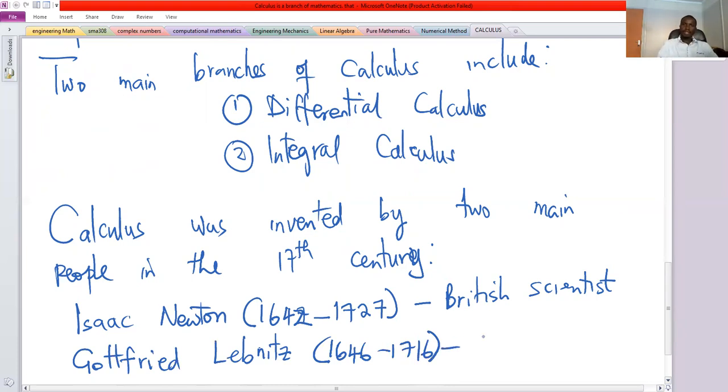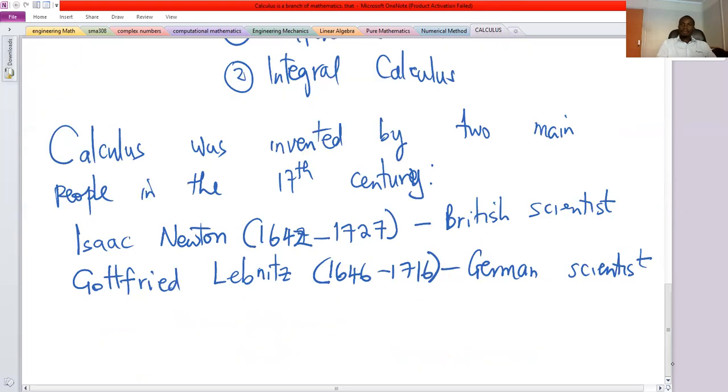This was a German scientist. These two people developed the concept of the subject of calculus around the same time, but independently.